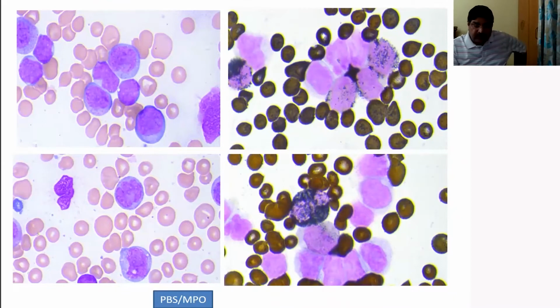Okay, so the APML promyelocytes are CD34 negative, 117 positive, and HLA-DR negative. I said possibly the reverse, 34 positive and 117 negative. No, it is 117 positive, 34 negative, HLA-DR negative. Next.